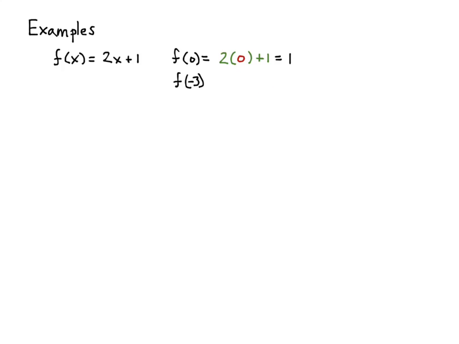So take another value, and where you have negative numbers, this is where this really is a beneficial way to do things. I still write my rule, and then I drop the -3 in, and so I can evaluate that as -5, because 2 times -3 is -6 plus 1 is -5.